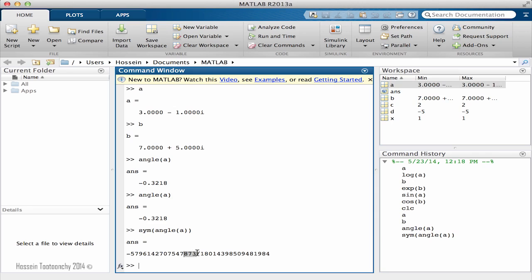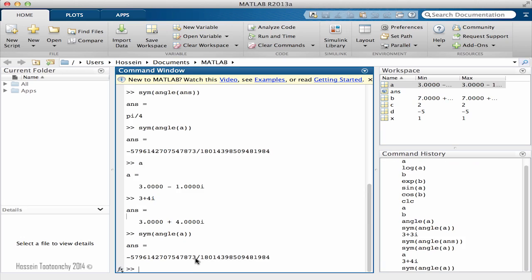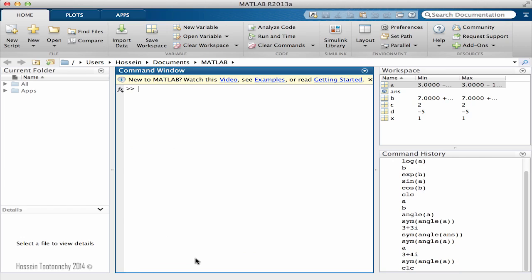It's a very big numerator divided by a big denominator. The reason is MATLAB tried to return the function in symbolic form, so always keep in mind that passing a symbolic function can return the values not in decimal but in symbolic, and here we were dealing with complex functions. And now what I'm going to do is repeat the same thing.